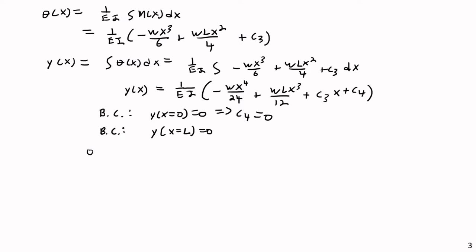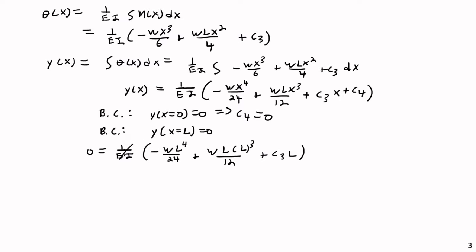And so I'll get 0 equals 1 over EI times our equation: negative w times L to the fourth divided by 24, plus wL times L to the third divided by 12, plus C3 times L. And what I'm really after is this C3 here.